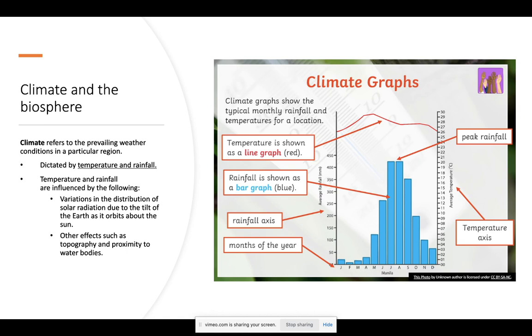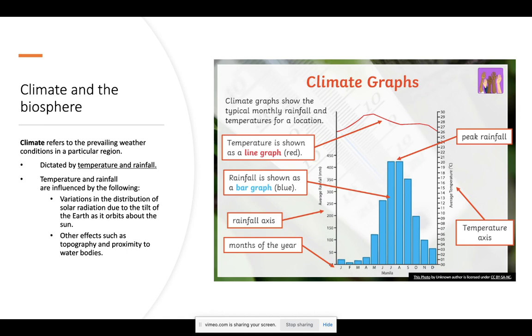So topography and proximity to bodies of water, right? How high or low a place is would kind of dictate the climate of that area, and variations in the distribution of solar radiation. This is just saying how does the sun distribute? As you're closer to the equator, the sun is going to hit at a different angle.